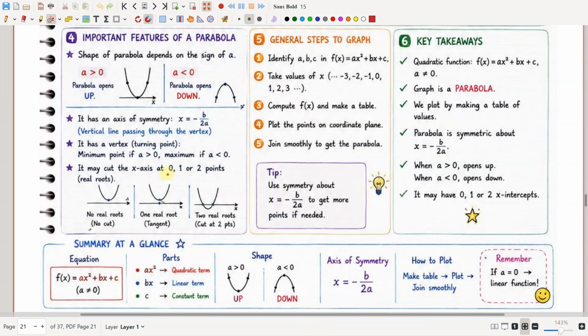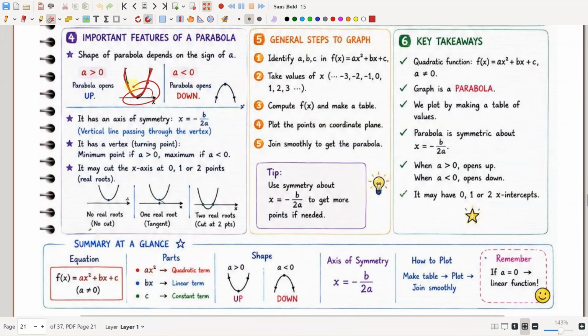So based on how the parabola cuts the x-axis, you can understand the roots of that equation. Tangent means it will go like this, just touch and turn back up.